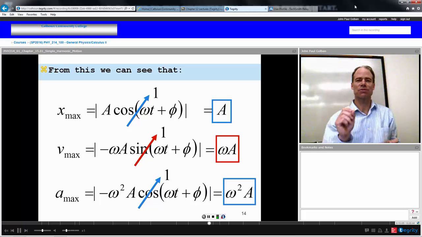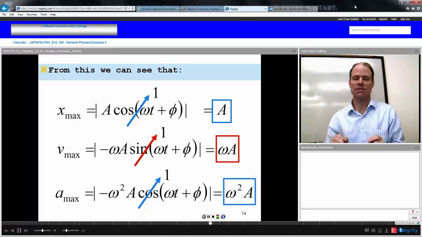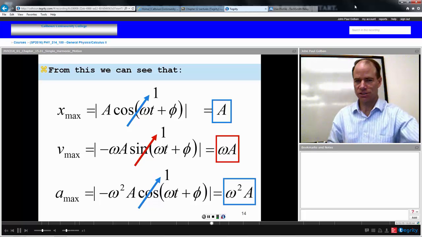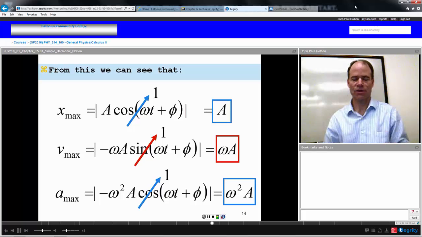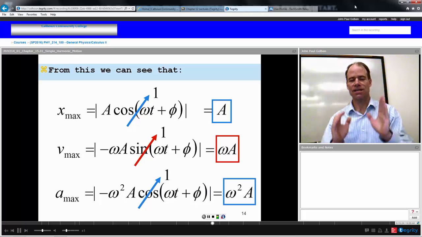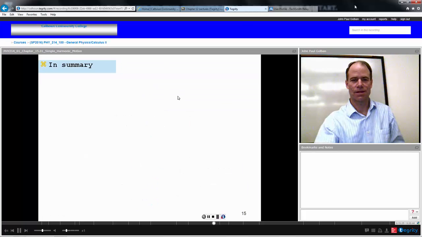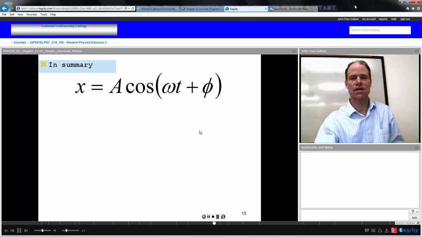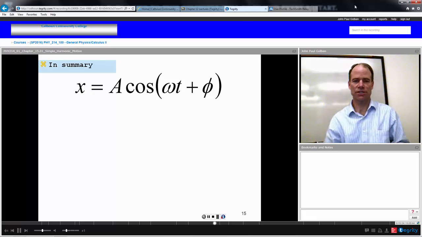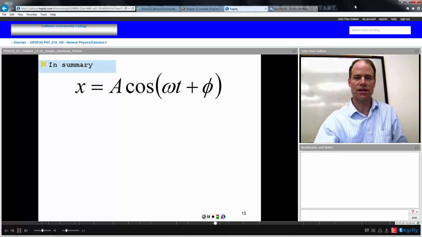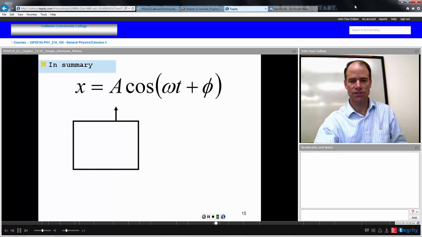So my maximum position is A, my maximum velocity is omega times A, and my maximum acceleration is omega squared times A. So two things that are good to know are the angular frequency omega and A, because I can get all this information based on those two things. In summary, I have a position designated by A cosine(omega t plus phi) as my solution to a differential equation that describes simple harmonic motion.